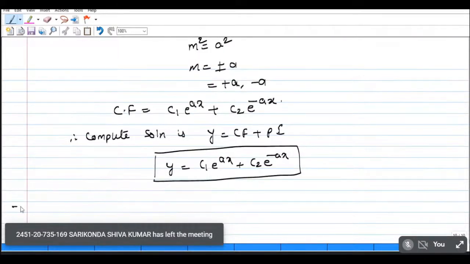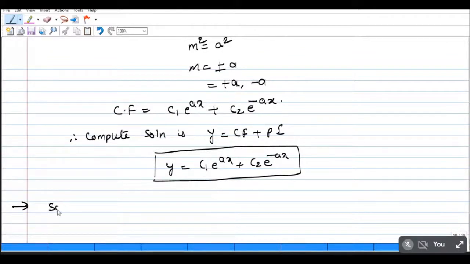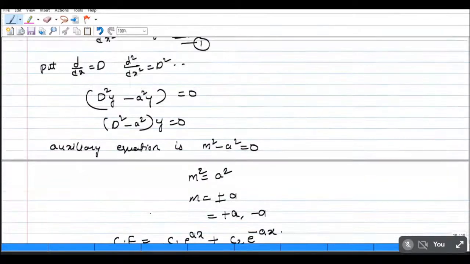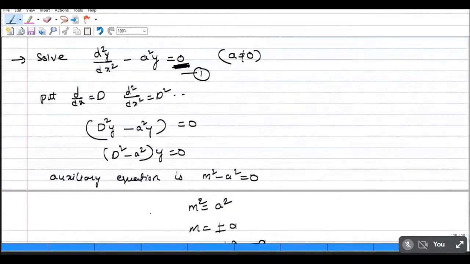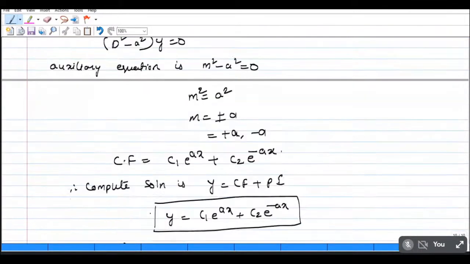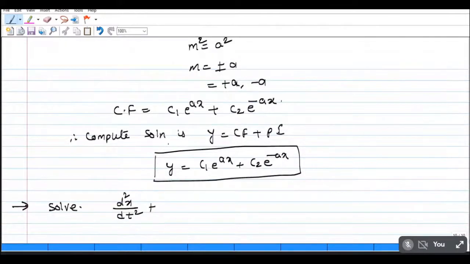Next, solve this. d square x by dt square plus 6 dx by dt plus 9x equal to 0.